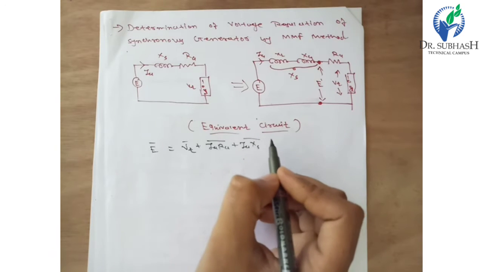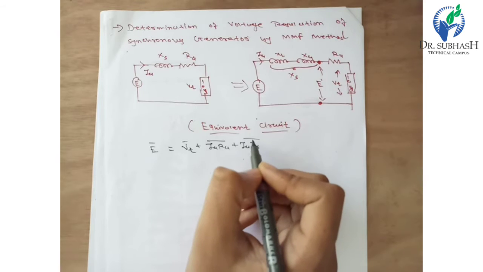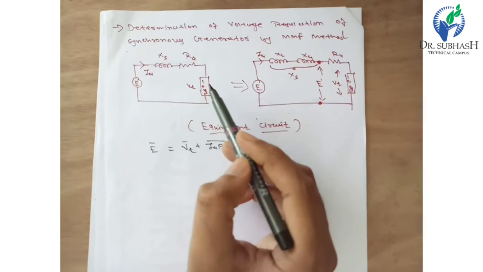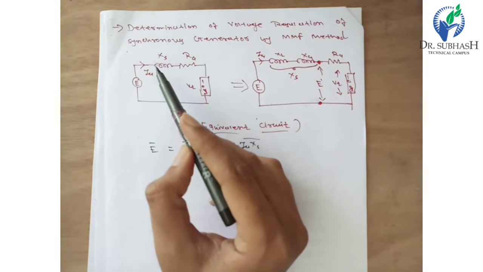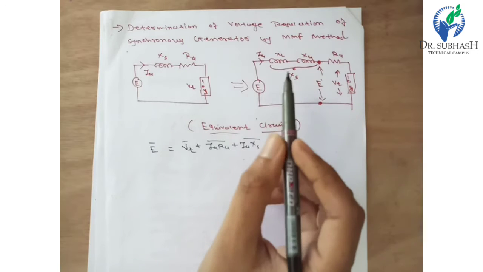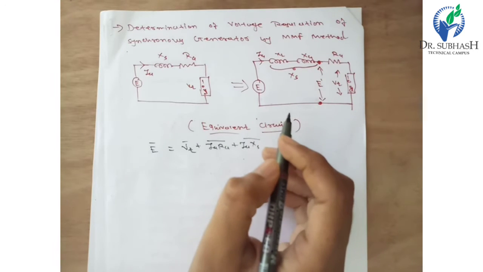Here we note that it will be a vector addition. In this circuit, the total EMF E is equal to Vt plus Ia Ra plus Ia Xs, the vector addition for the total equivalent circuit.